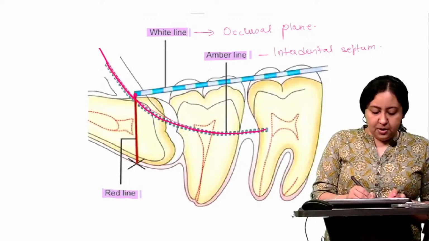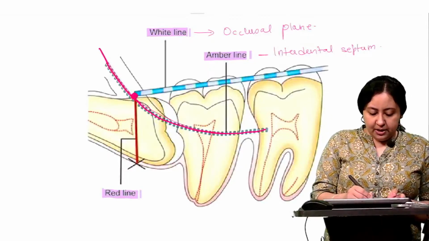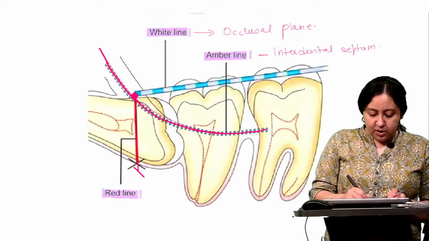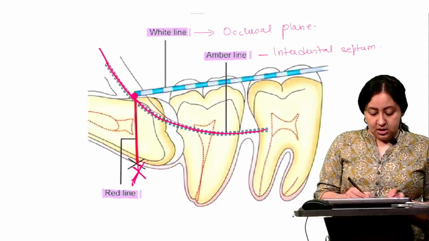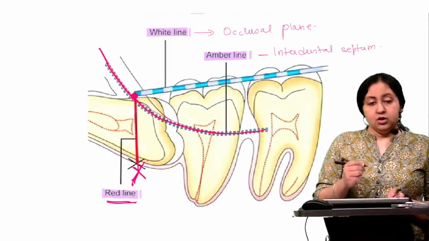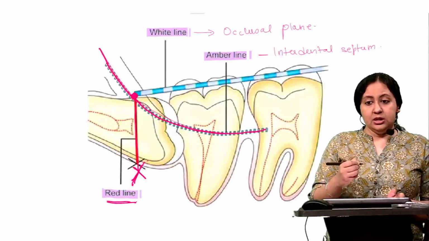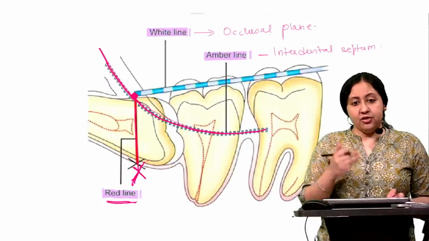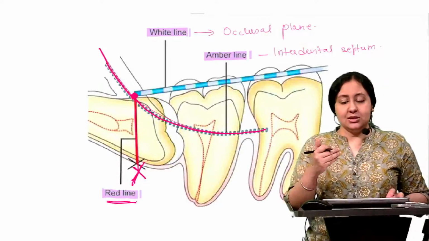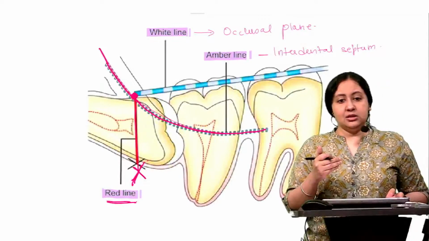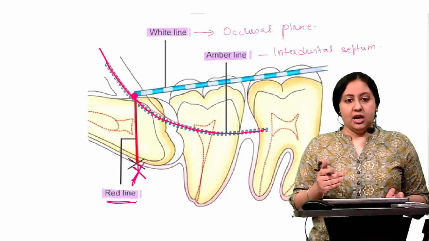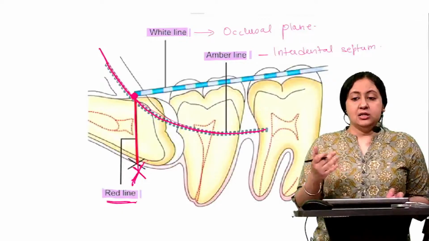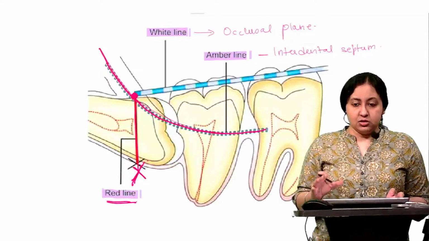We drop a perpendicular from the amber line to the point of application of elevator. This is the red line. So it tells us about the depth of impaction in relation to the amber line. And what is the amber line? It is telling us the depth of impaction in relation to the bone. Hence, red line is depicting depth of impaction.